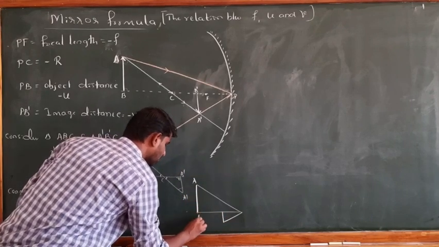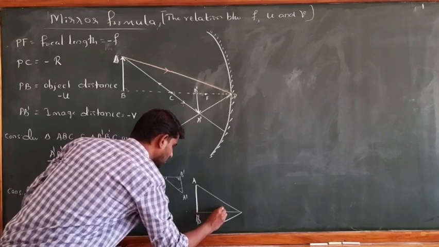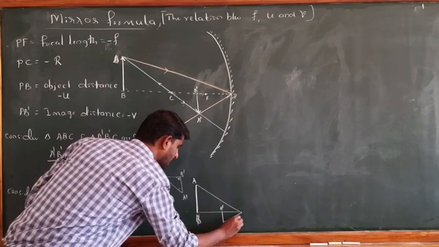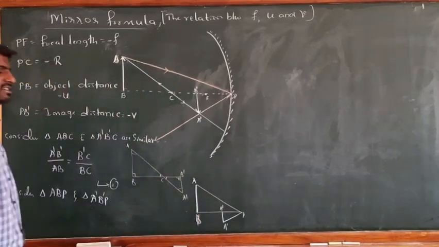This is A, this is B, and this one is triangle ABP. The second one is A dash B dash P. I'll draw it roughly: this is A, this is B, this is B dash, this is A dash, this is P. I'm talking about these triangles.